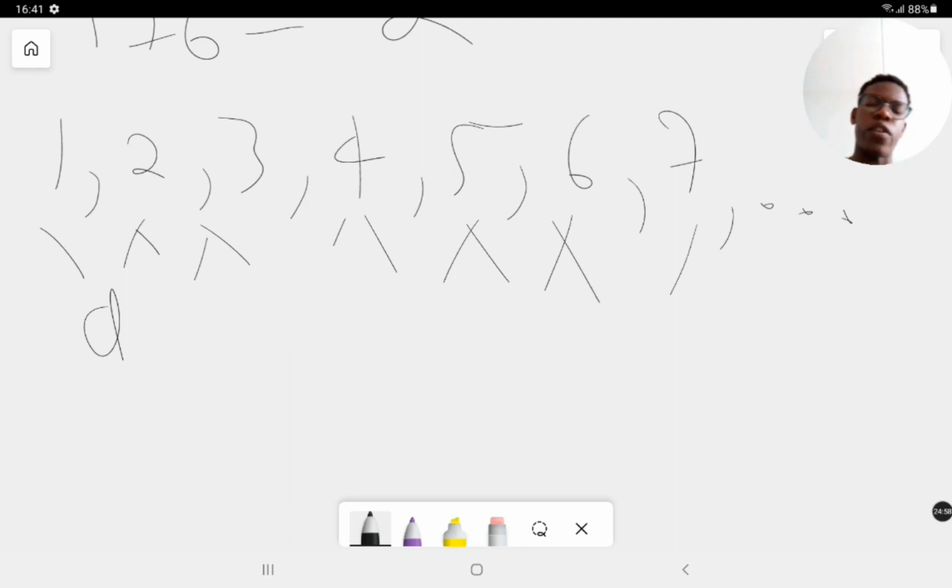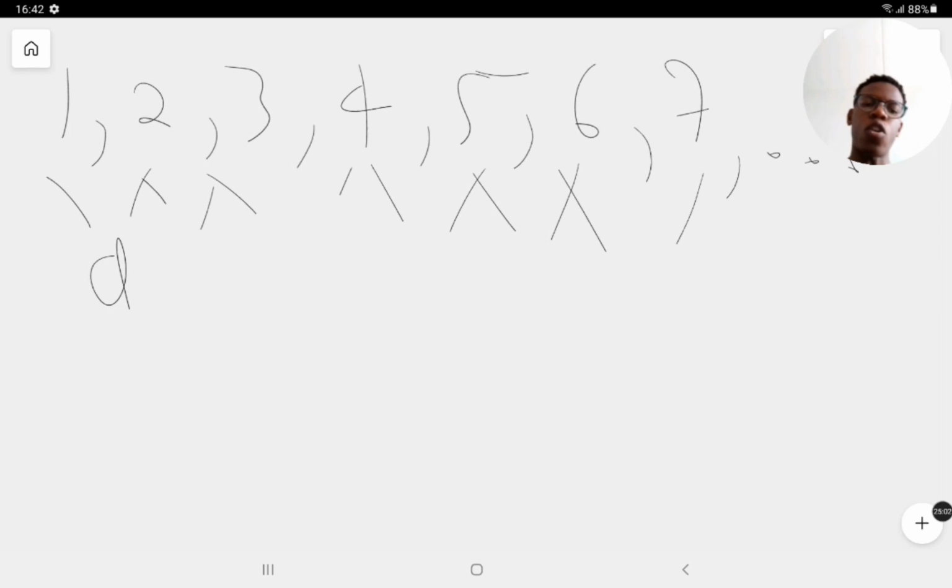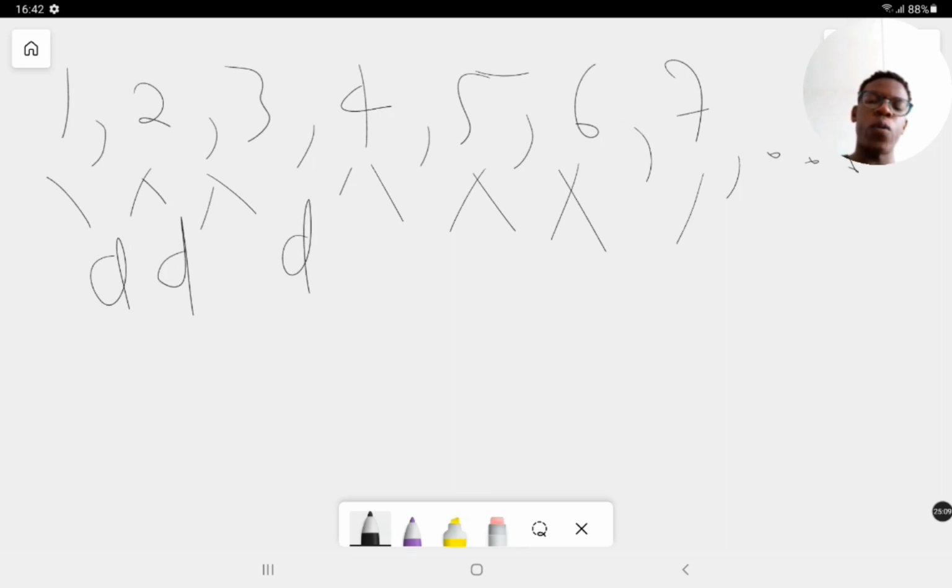You know that this is an arithmetic sequence if the difference between two successive terms, which we call the constant difference or the common difference, and we use d to refer to it, is the same at all instances of the sequence. Now, what is the constant difference between two successive terms here?